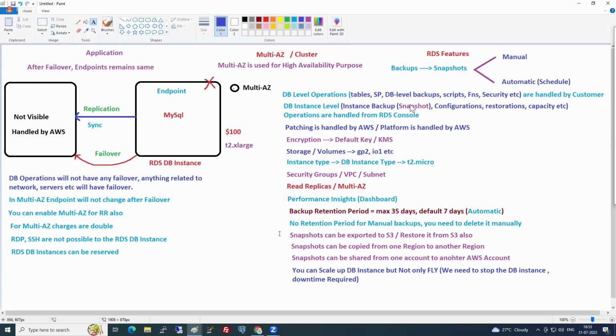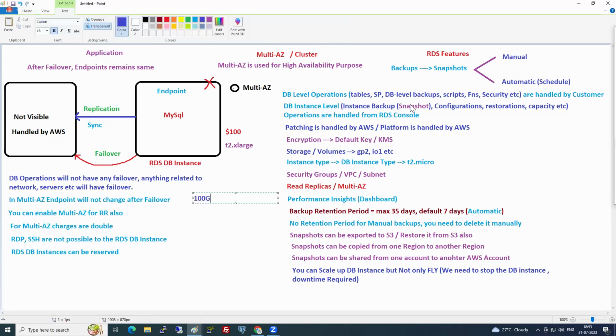Let's say when you're launching a DB instance, you have given 100 GB. Guys, will this 100 GB be sufficient after 6 months of using your DB instance? No. This 100 GB will become full.